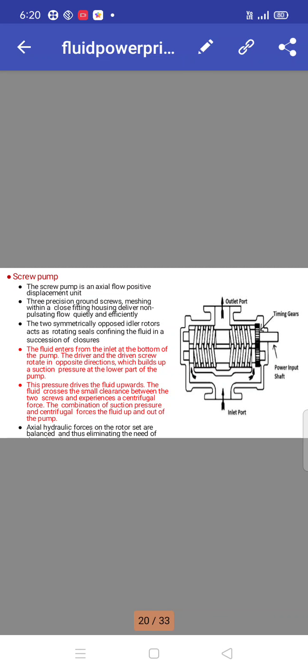The driver and the driven screw rotate in opposite directions, which builds a suction pressure at the lower part of the pump. This pressure drives the fluid upwards. The fluid crosses the small clearance between the two screws and experiences a centrifugal force. The combination of suction pressure and centrifugal force drives the fluid up and out of the pump. The axial hydraulic forces on the rotor set are balanced.